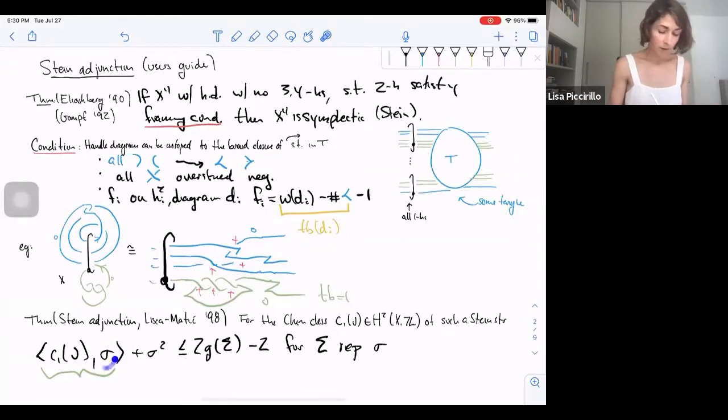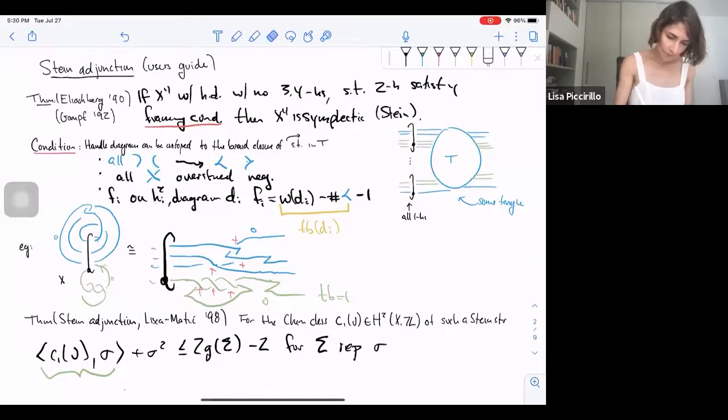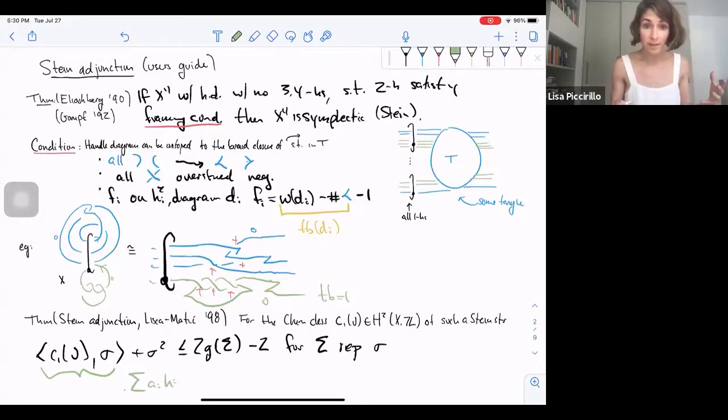So for the homology class that you're interested in, you want to write down a linear combination of 2-handles which represent that class.